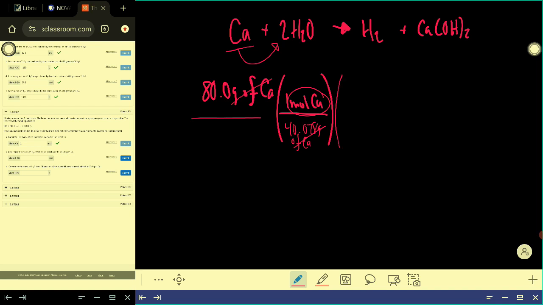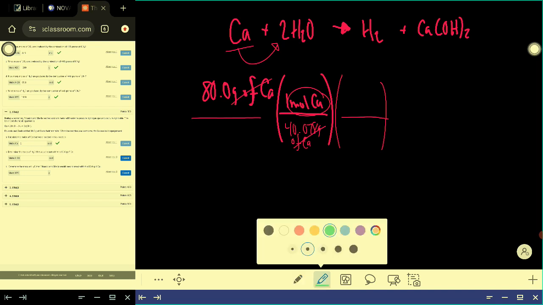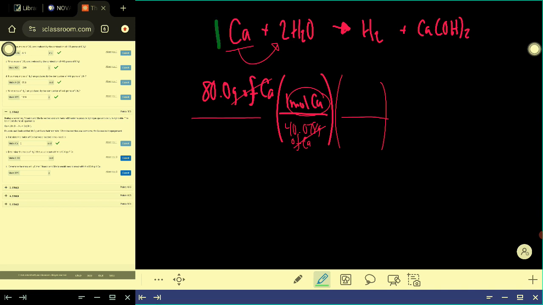So we know that in order to relate calcium to H2O, we're just going to look at the coefficients. So if we have 1 part calcium, we're going to have 2 parts H2O. It's just those coefficients. So 1 mole of calcium is going to require 2 moles of H2O.